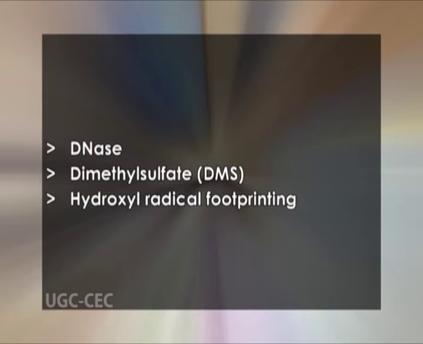Several methods are available, but three are very popular: DNase, dimethyl sulfate, and hydroxyl radical footprinting. For the DNase I footprinting assay, a particular DNA fragment is labeled at one end and mixed with the protein of interest. Following binding, the DNA is treated with the enzyme deoxyribonuclease I, which digests DNA.